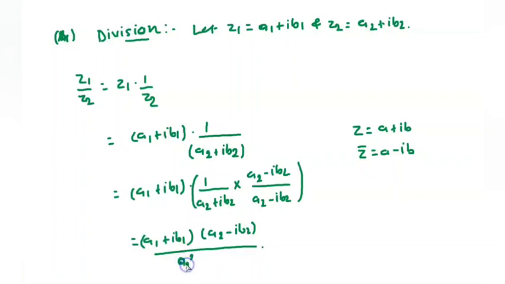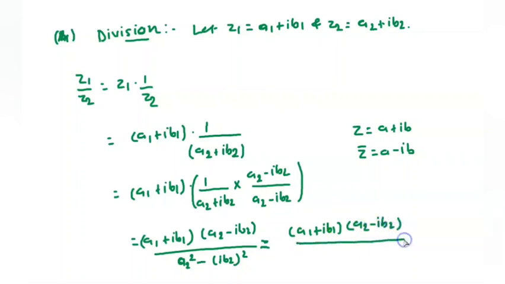So you will get A2 square minus iB2 whole square, which will be equal to A1 plus iB1 into A2 minus iB2 upon A2 square. Now we know that i square is minus 1, so minus minus plus. So this will become plus B2 square. So this is the division of the two numbers Z1 and Z2.